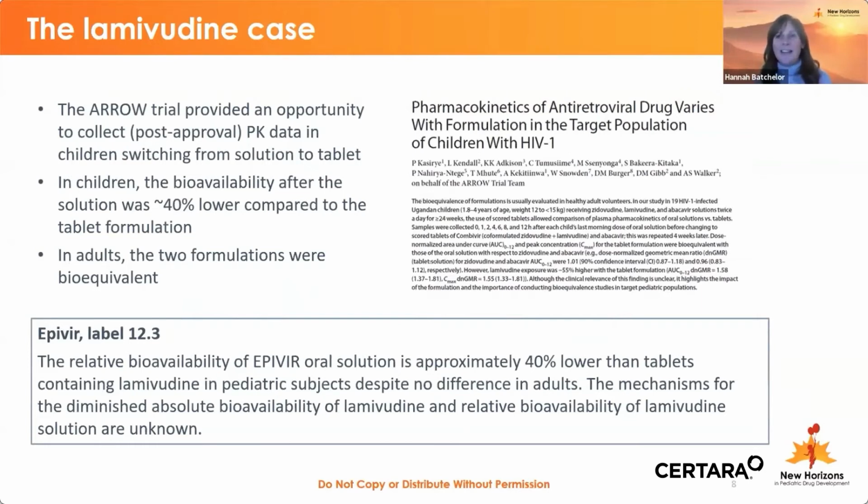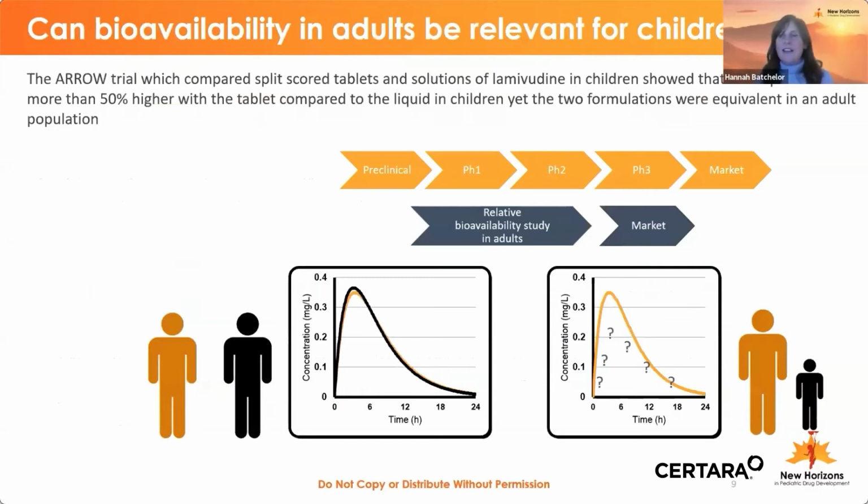So this highlights when we're doing our relative bioavailability and our risk assessment using an adult population, there are times where this doesn't extrapolate to children. This is really the same information, but just presented on a slide here to bring together everything that I've said so far. The bottom pictures are showing pharmacokinetic data.